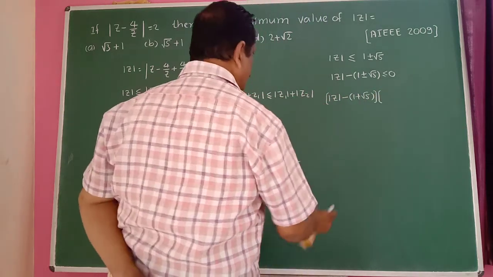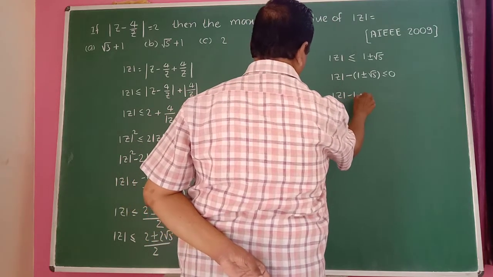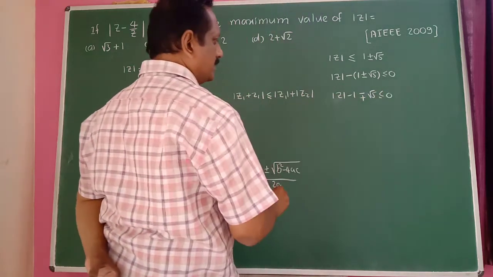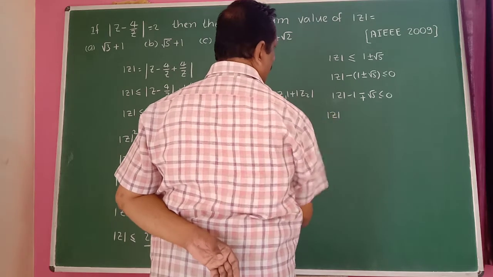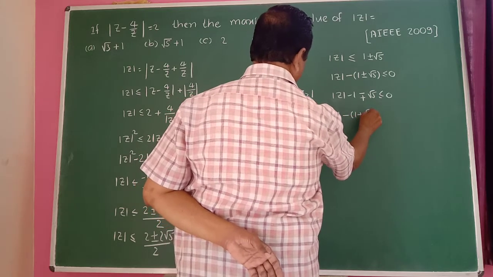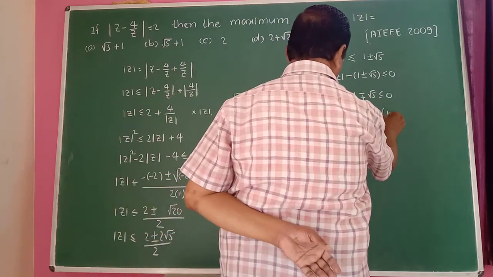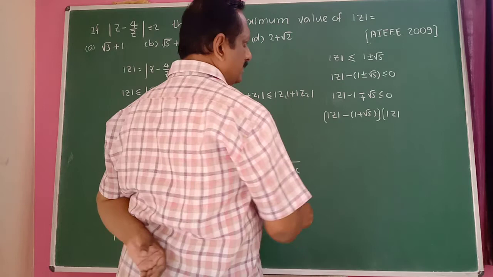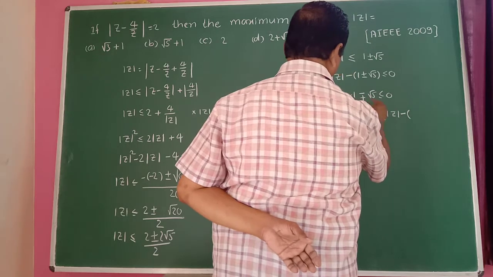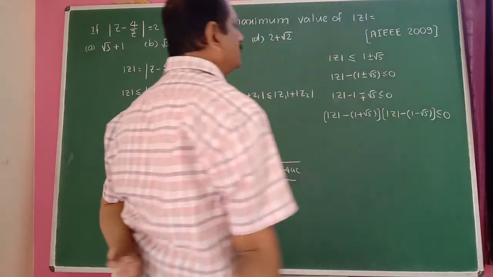And one more thing here, just take a minus inside the bracket. Modulus of z minus of 1 minus or plus root of 5 less than or equal to 0. Yes, modulus of z minus 1 minus root 5, taking the minus common factor, write 1 plus root 5 in the bracket, then again in the bracket modulus of z minus 1 plus root 5, minus is the common factor, therefore 1 minus root 5, is less than or equal to 0.